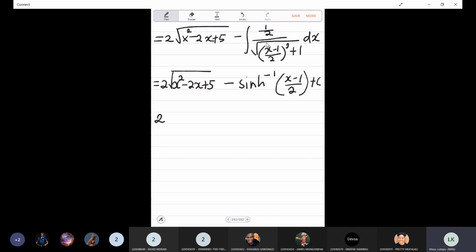Right, and you can do one more, number 29. We have the integral of x plus 1 over the square root of x squared minus 1 dx.